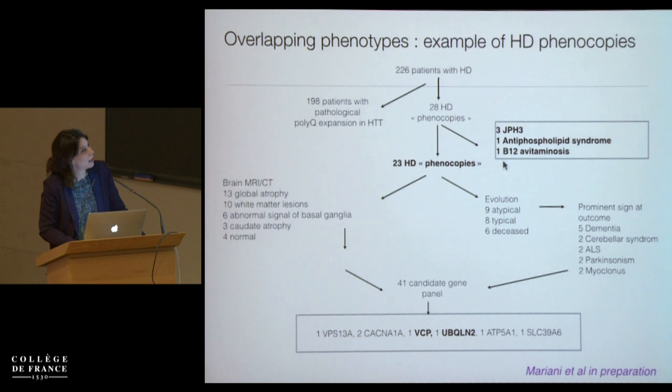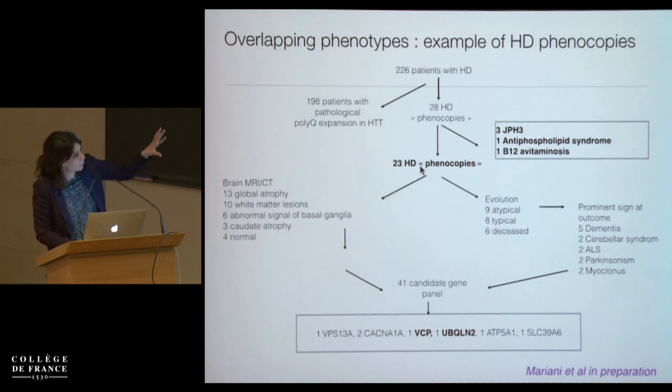If you analyze them again, and this was the work of Louis Mariani, you can find other reasons to have Huntington's disease, and another gene, the most frequent gene involved is junctophilin 3. But then you still have 23 phenocopies, which you don't know what they are.